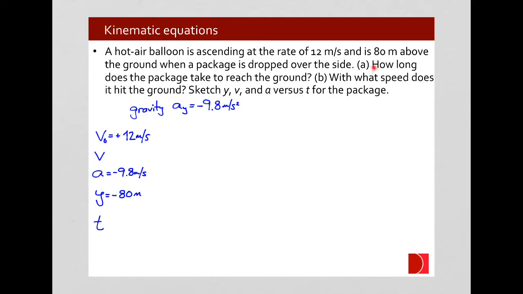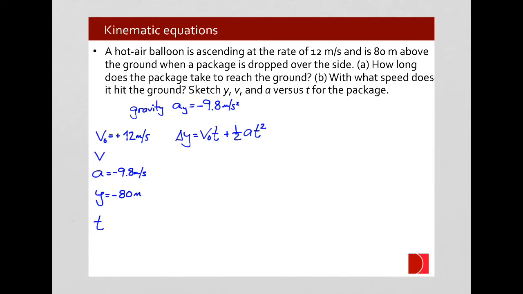The first thing we're asked is, how long does the package take to reach the ground? How long is a question of time. So that means we're interested in time. We want the equation that has time, but we don't know anything about the final velocity, the velocity at the end of this acceleration. So we want the equation that does not have the final velocity. That equation is this one.